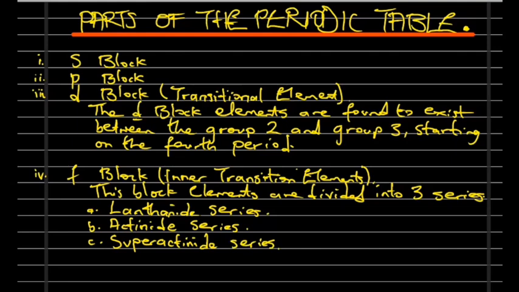This set of elements is found between group 2 and the first set of elements of the transition element, which is the D block element.